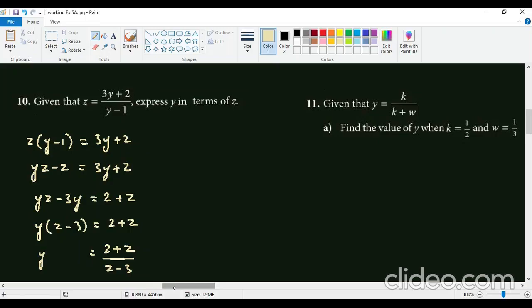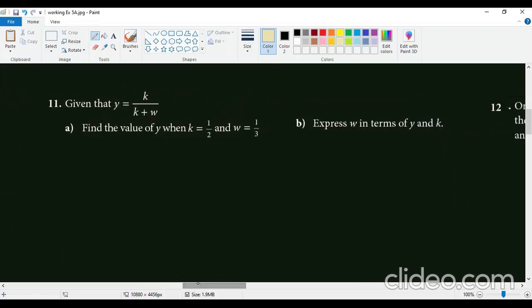Moving on to question number 11. Find the value of y when k is half and w is 1 over 3. So first of all, we find out the value of k plus w. How much is that? That means 1 over 2 plus 1 over 3. That means LCM is 6. This multiplied by 3 and this multiplied by 2. So this gives us 3 plus 2, which is 5 over 6.